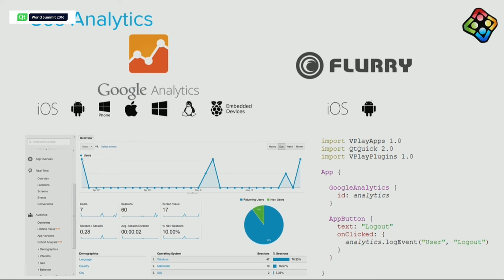And using it is just like using a rectangle QML item, so it's importing the V-Play plugins, it's the Google Analytics QML item, then you can say in code, you can write analytics.logEvent and push the event data to that.